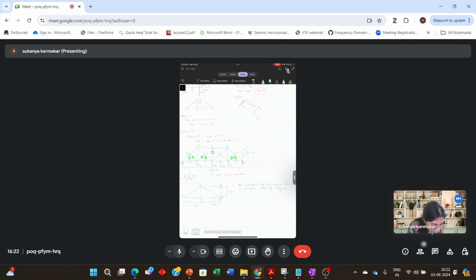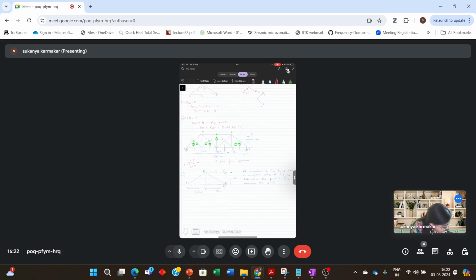You have to determine the force in the members BC and DE, and no external forces are acting on the system. So I'll give you the options as well.